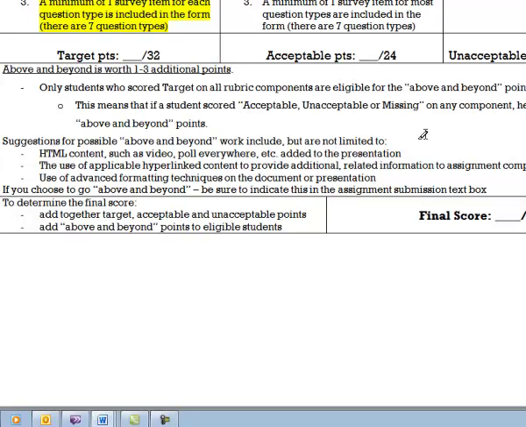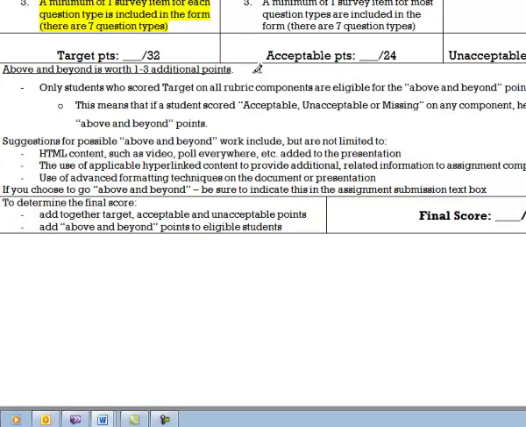Now, on this rubric, there is an additional area, and it's called above and beyond. And what this means is that students who went above and beyond the assignment requirements have the possibility of earning additional points. For this specific assignment, only those students who scored target on every component are eligible for the above and beyond points.